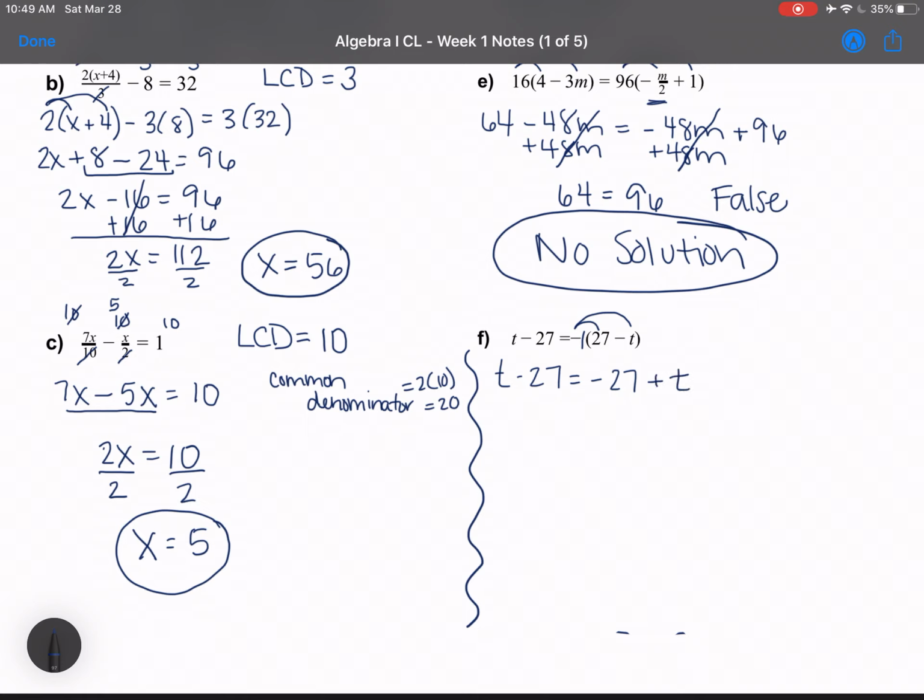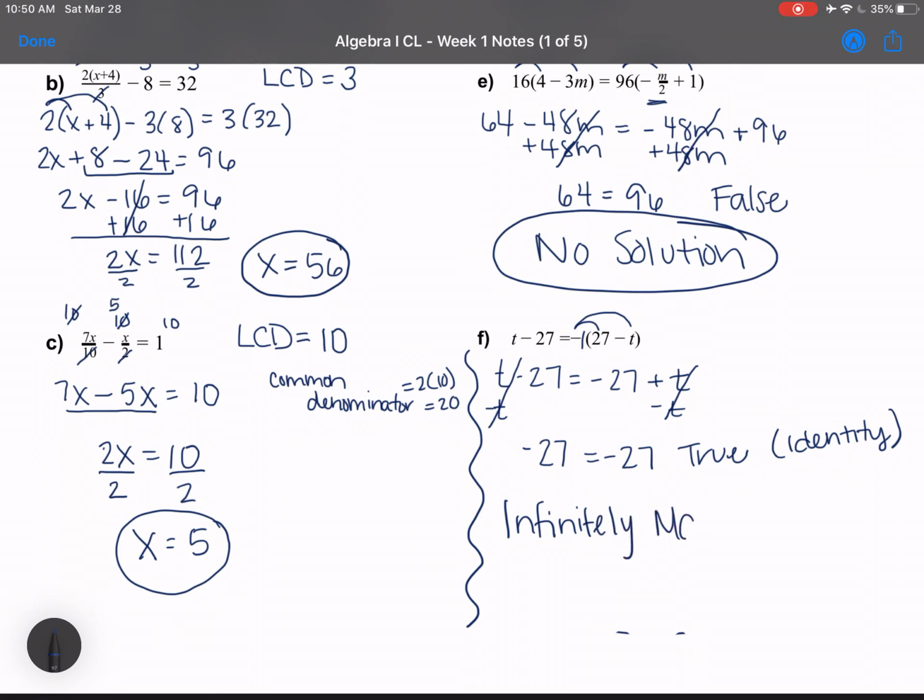Again, we have a variable on both sides, so we're going to subtract the t, and those will both cancel again. So negative 27 equals negative 27, which is true. And when this is true, this is called an identity, which means we have infinitely many solutions.